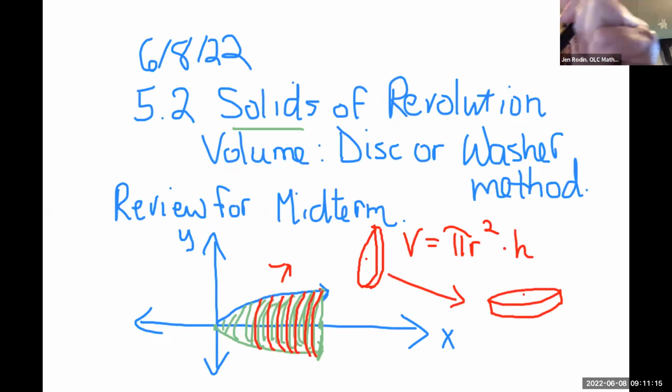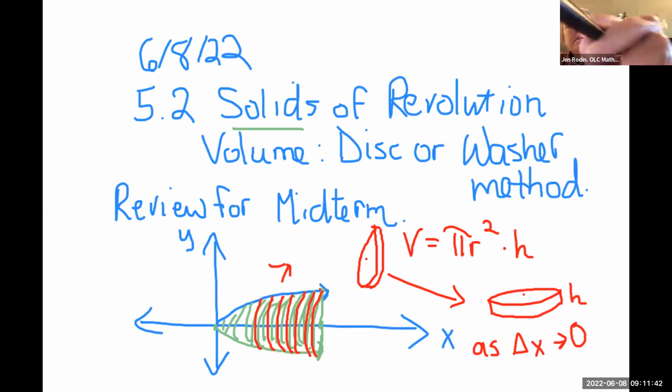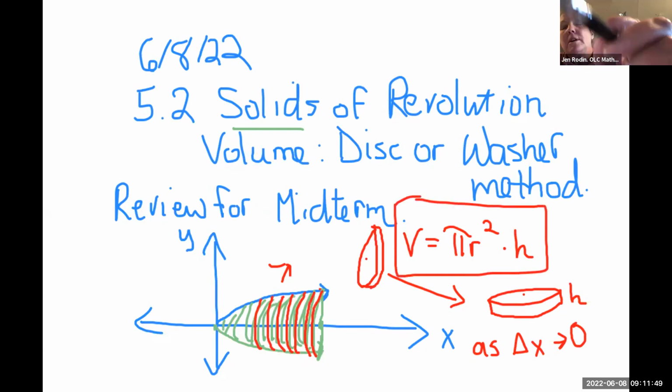It wouldn't be quite that thick, but the height is that little bit right there. As delta x gets close to 0, it's the same idea we talked about before with those rectangles. If we could get it infinitely narrow, thinner than a hair, then our volume would be the most precise. So the volume of any cylinder is pi r squared h.